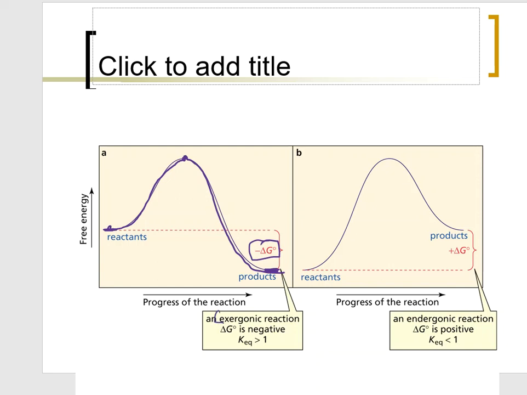Now, they use the term exergonic down here. Exergonic and exothermic. Exothermic means it releases energy in the form of heat. Exergonic just means it releases energy. It doesn't have to be in the form of heat. It can be in another form or another fashion, but it releases, it gives off. So this is an example of an exothermic reaction.